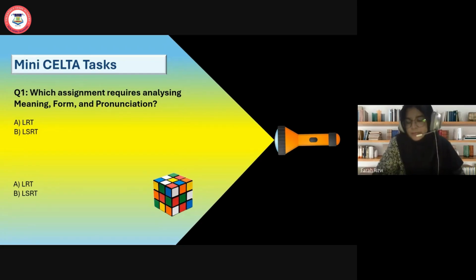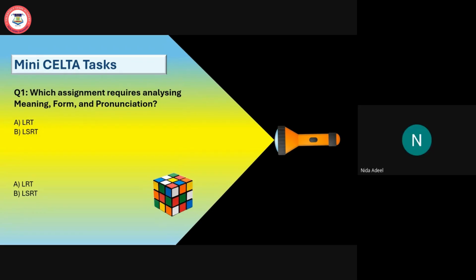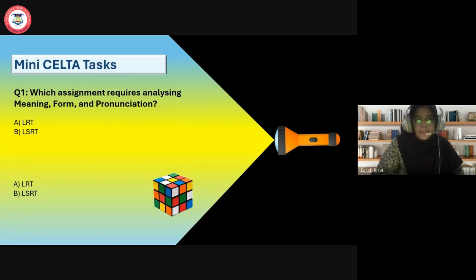I'm waiting. Sumaya, Sartahir, Ma'am, Aisha. I think it's A, language related task, because it is the CELTA assignment where we must analyze meaning, form, and pronunciation. Yes, it's LRT, language related task. Because I told you earlier that clarification of language is everywhere. It is in assignments and it is in teaching practices.